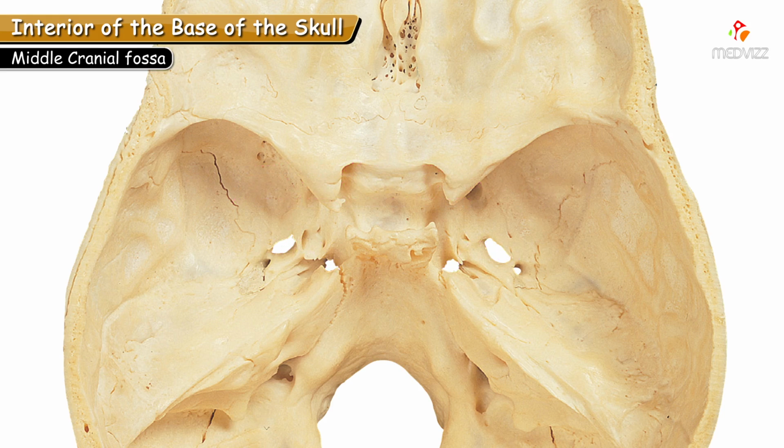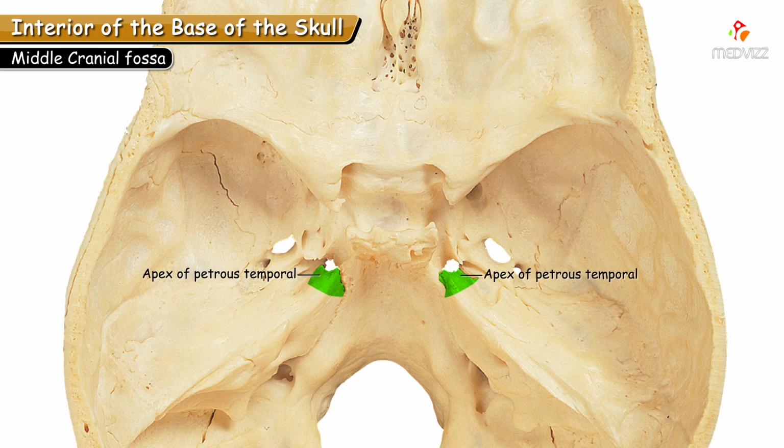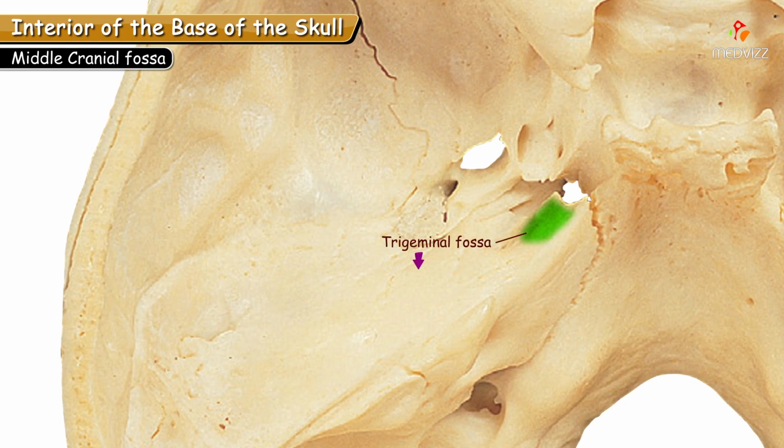Let's talk about the features of the petrous temporal. The petrous temporal is a triangular thick part of the temporal bone having a medial end called the apex. Anteriorly this apex makes a shallow depression which lodges the trigeminal ganglion.